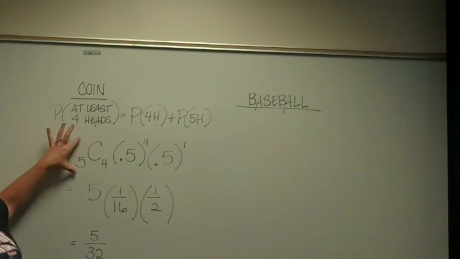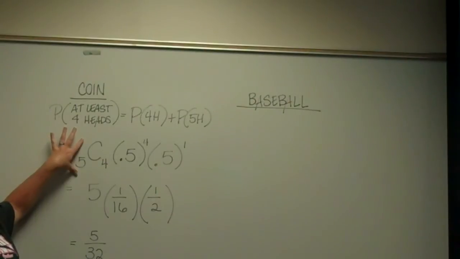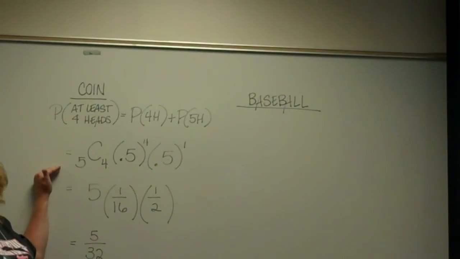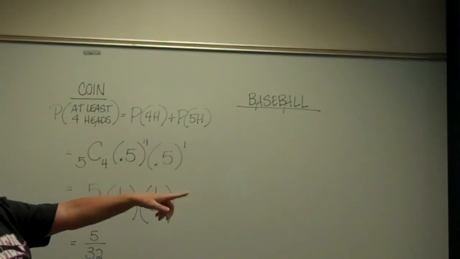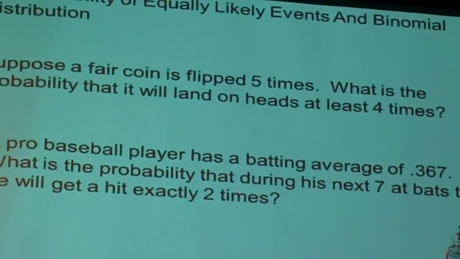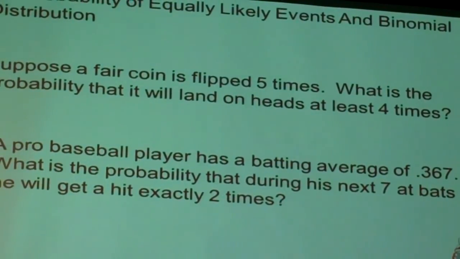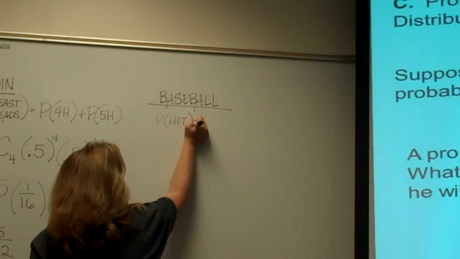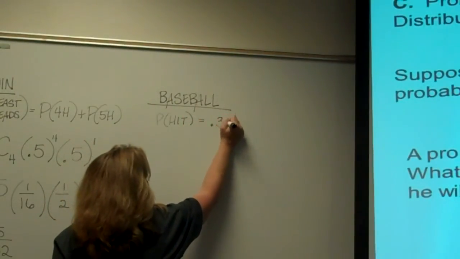Now the reason I set this problem up this way is because if these two numbers aren't the same, we can actually still work it with this same format. This is how I teach my kids to work it. Looking at the pro baseball player, if his batting average is .367, guys, help us out here. What does that mean? .367. He gets a hit 36.7% of the time. So what that really means is the probability that he'll get a hit is .367.